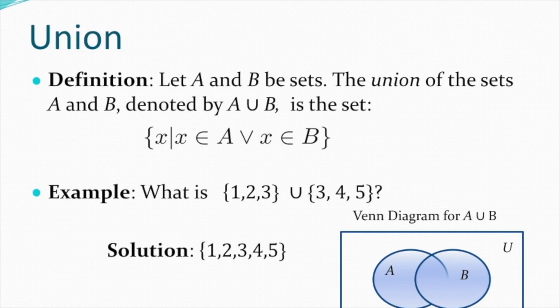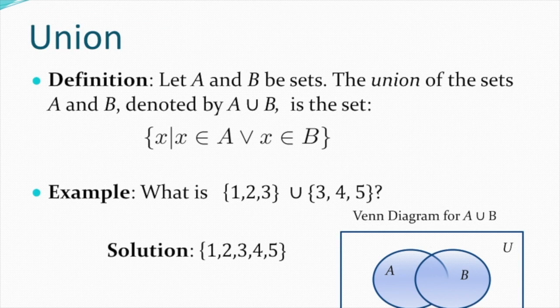It will not be a union. Take for example the set A with elements 1, 2, 3. Make a union of this set with another set with the elements 3, 4, and 5. The result of this merge, the result of this union, will be 1, 2, 3, 4, and 5.